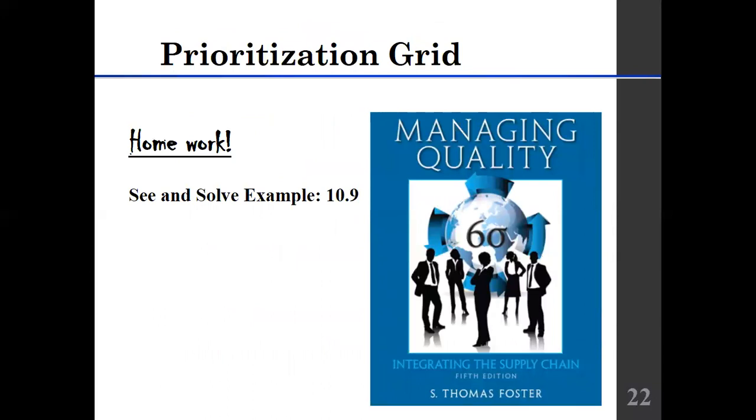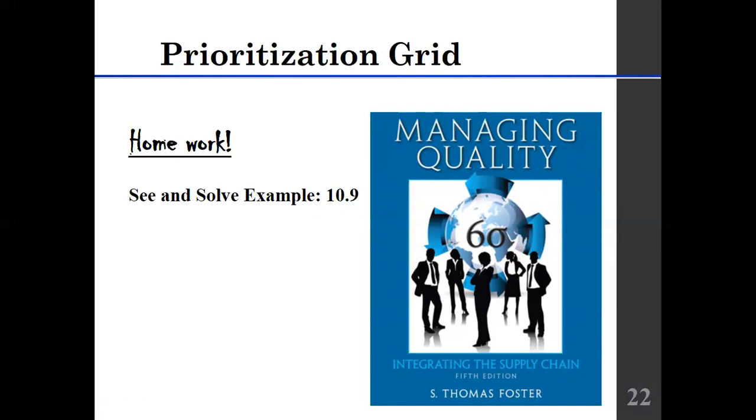I have a homework for you. You have to open the book Managing Quality, written by Thomas Foster, and in chapter number 10 you will have to go to example 10.9. This is actually a solved example.